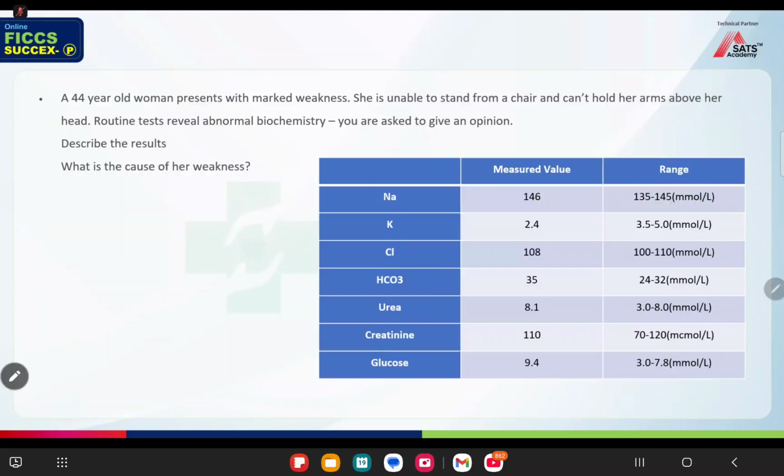A 44-year-old woman presented with marked weakness. It took some time, but lastly you mentioned, right? So hypernatremia, hypokalemia, along with that metabolic alkalosis, bicarb is on the higher side, and others are okay, along with hyperglycemia. So this is fitting into your Cushing's syndrome.